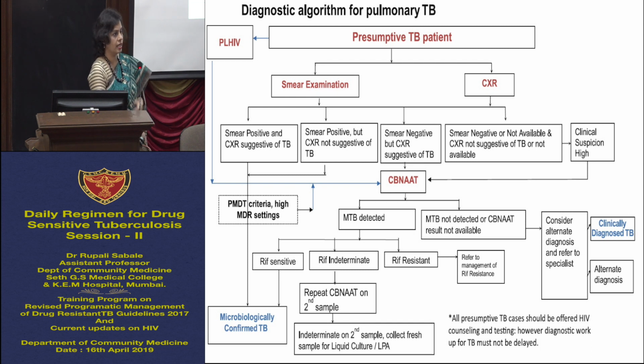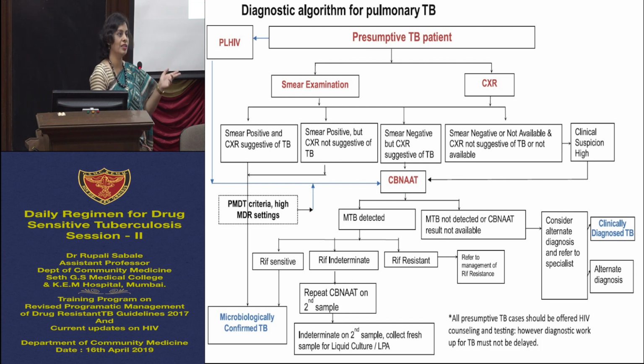Now for the CBNAT test, as madam also discussed, there can be two possibilities: either MTB is detected or MTB is not detected. When Mycobacterium tuberculosis is detected, it next tells us whether it is rifampicin sensitive, rifampicin indeterminate, or rifampicin resistant. If it is rifampicin sensitive, we label the patient as microbiologically confirmed tuberculosis.